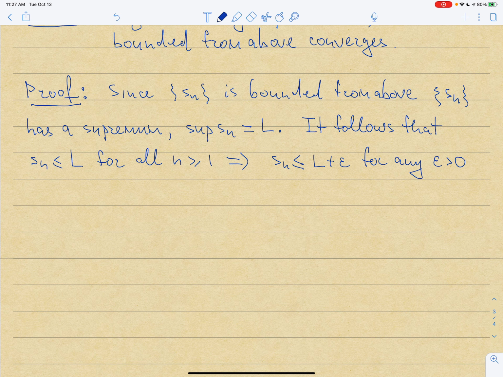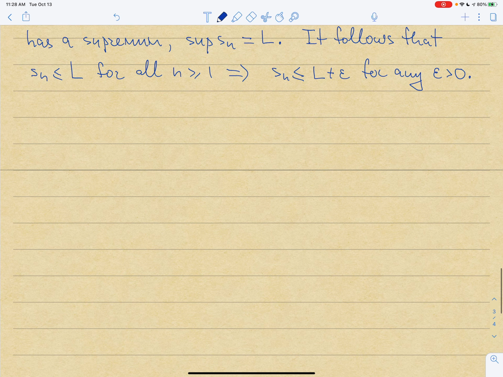Okay, so now I'm going to fix an epsilon greater than 0. So I do know then that this inequality holds for that epsilon in particular.